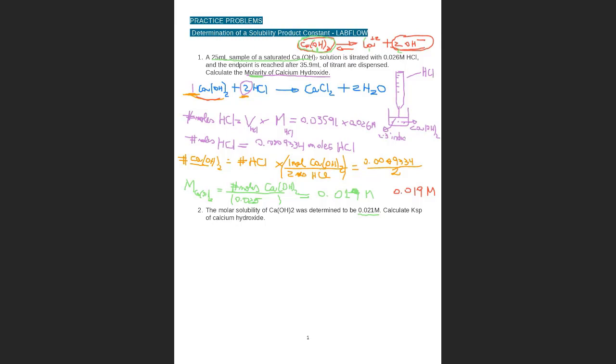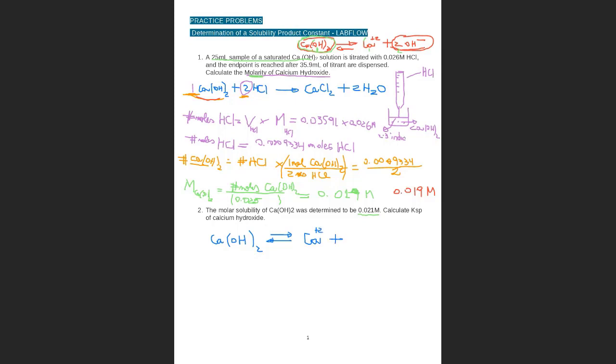Whenever you have that problem, the first thing you have to do, always, is write the chemical equation. So I have calcium hydroxide that dissociates, and then this formula, and you ask, how many calcium do I have in 1 mole? Only 1. So I write calcium.